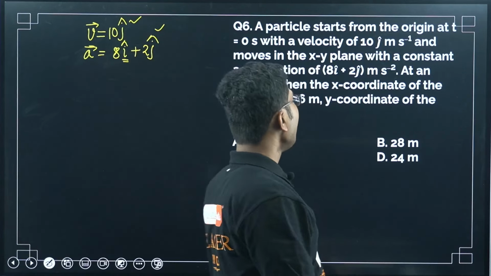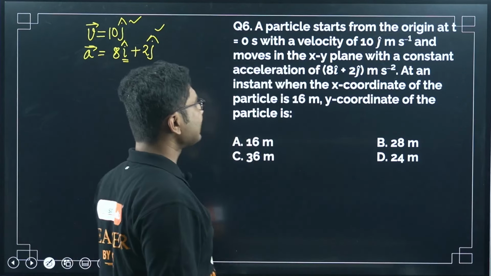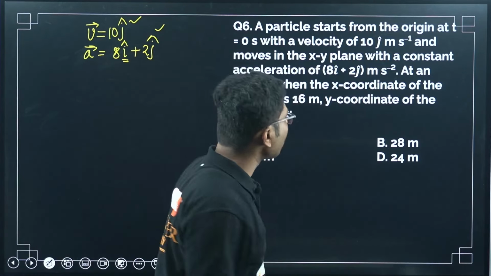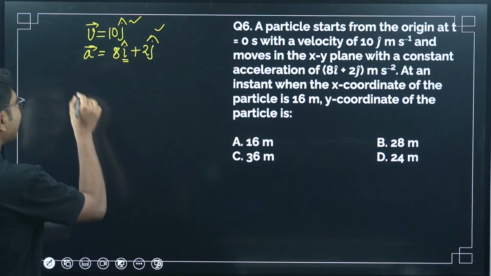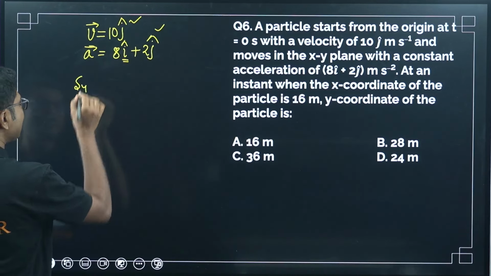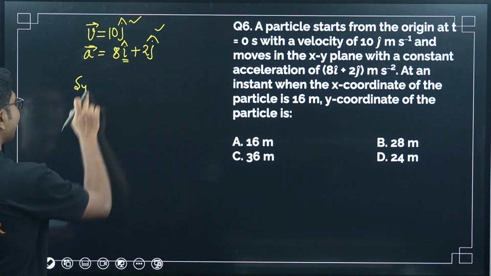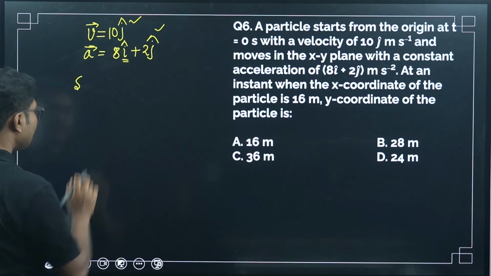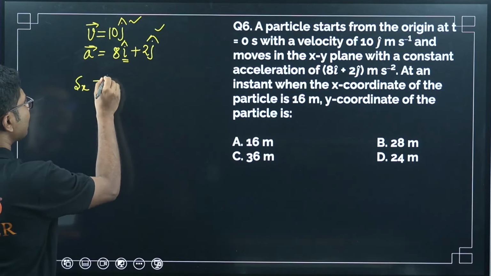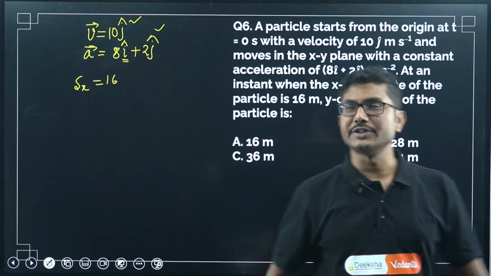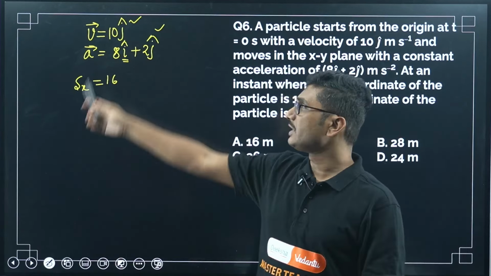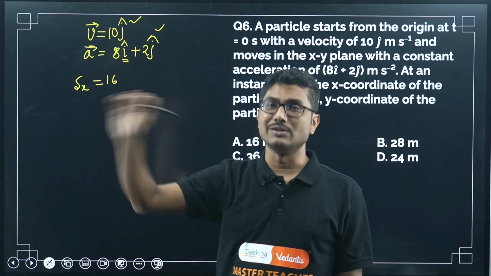Right? Now it is said that after an instant, the x coordinate of the particle is 16 meters. So displacement along x-axis is given. So displacement along x-axis is sx, that equals 16 meters. Now what is the initial velocity along x-axis? Initial velocity along x-axis is 0, right?